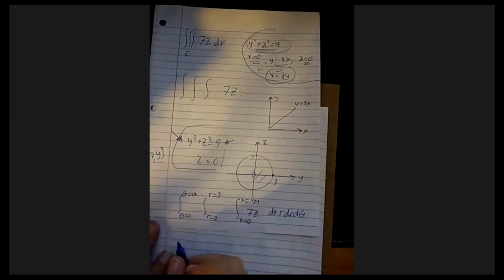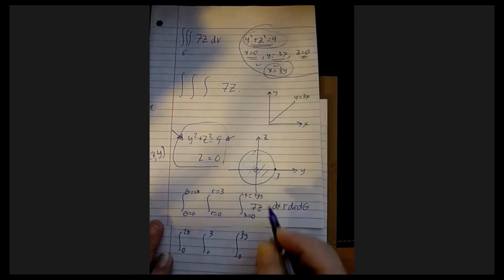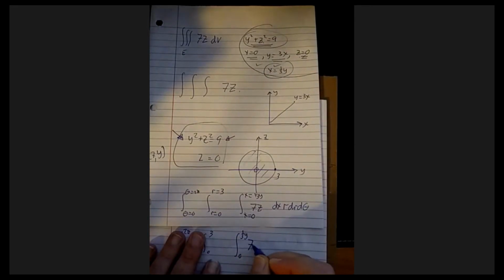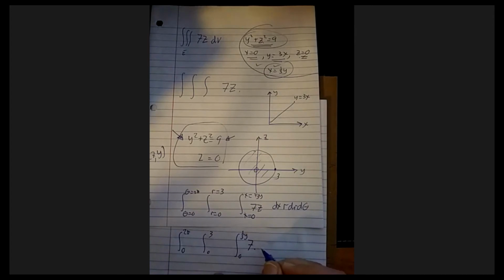Now, I got a little bit of tweaking to do, but not really much. 0 to 2 pi for this fella, 0 to 3 for this fella, 0 to 1/3 y. 7z becomes 7 times. And how am I going to write z in polar coordinates? I'm going to call it 3 times the cosine of theta.